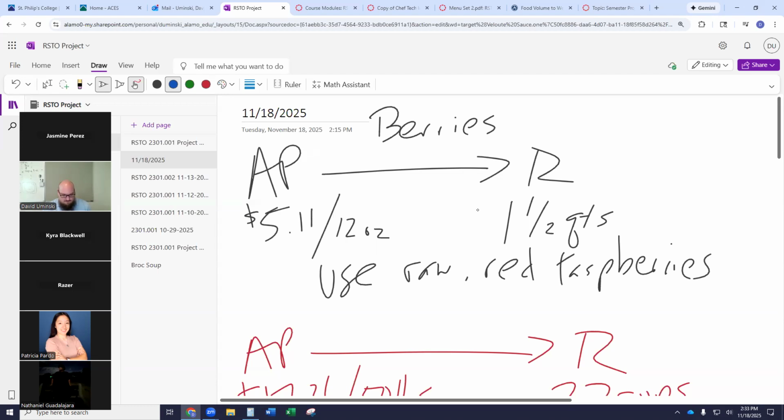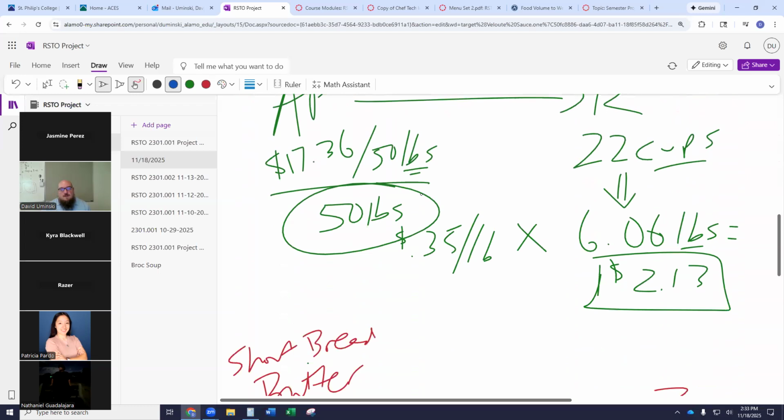So this one is for 2 pounds of raspberries for the sauce. Oh, okay. Yeah, because I think that one was for the garnish and the filling. Yeah, this one is for the sauce.